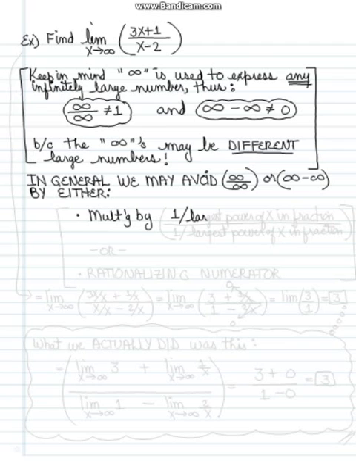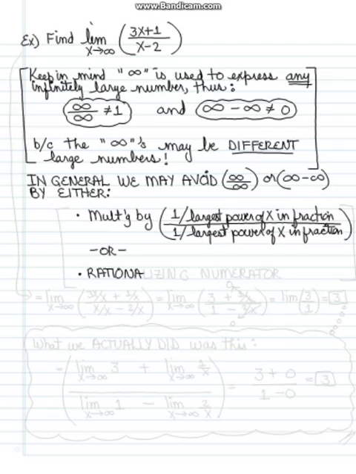You multiply the rational function by 1 over the largest power of x in the fraction, divided by 1 over the largest power of x in the fraction. Now this is just 1. It's a strange form of 1. Another method you could use is you could rationalize the numerator. That might help you avoid one of these strange indeterminate forms, infinity over infinity or infinity minus infinity.